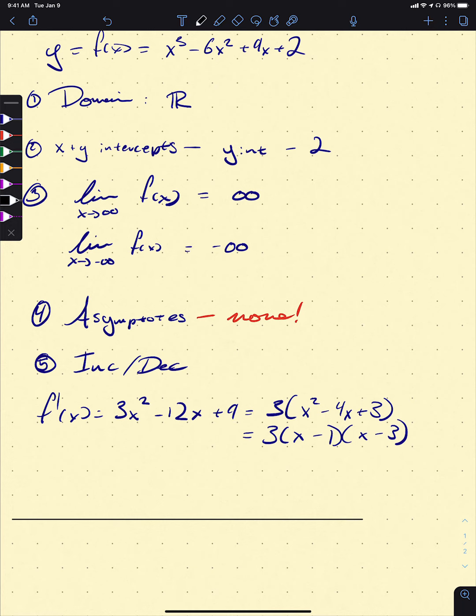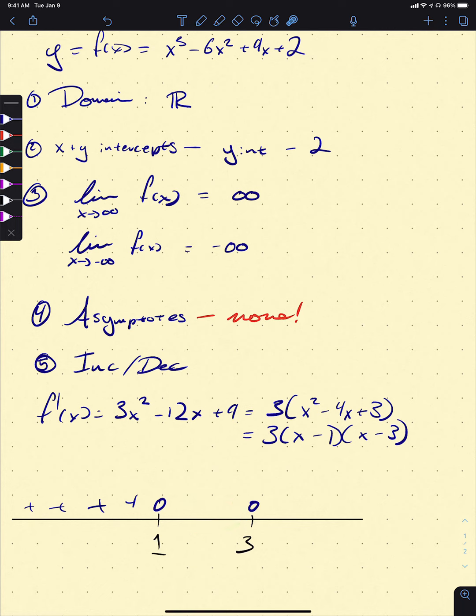Then we can grab one of our little sign diagrams and take a look at where we'll need 1 and 3, and we can pick a handful of points. If we plug 0 into this, we're going to get 9, so all of this is positive. A 0 there and a 0 there. What happens if we pick something in the middle?